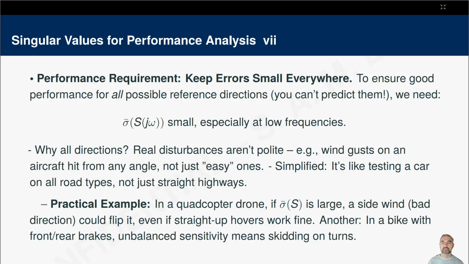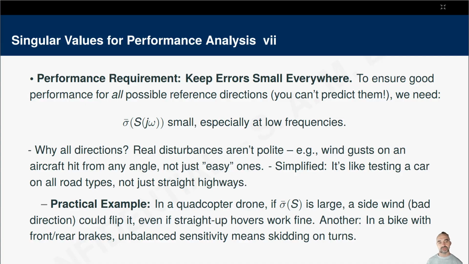Okay. Let's talk about performance requirements. Performance requirements are to keep errors small everywhere. That makes sense. To ensure good performance for all possible reference directions, since you can't predict them, you need sigma bar of S at j omega to be small, especially at low frequencies.